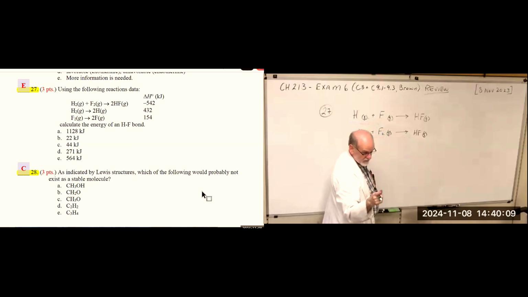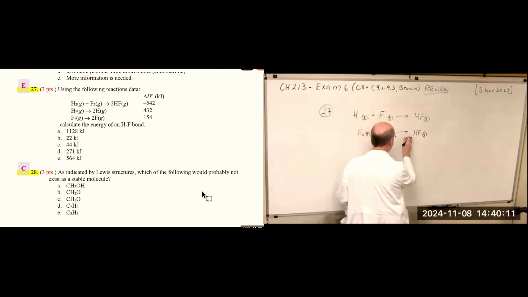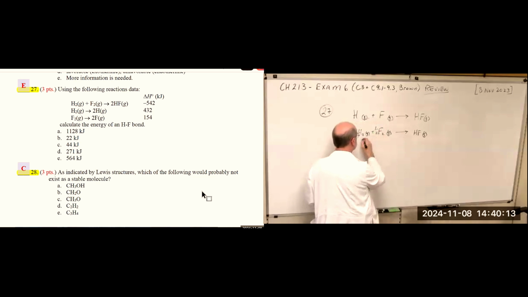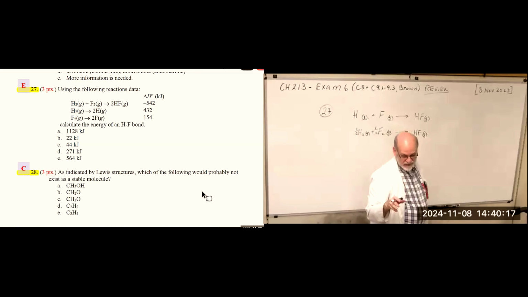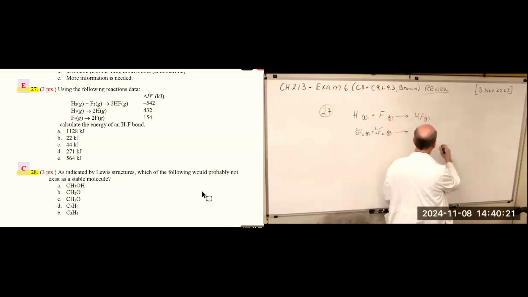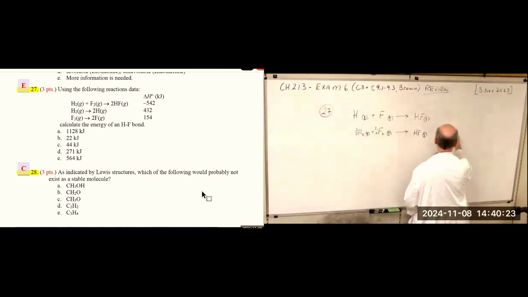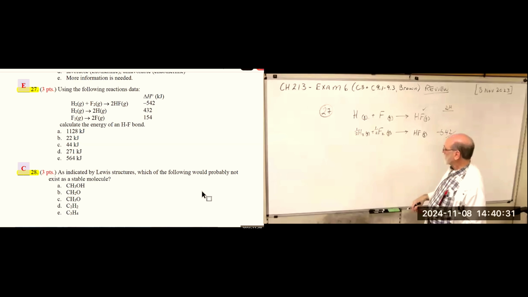That equation has 2 of them. We only need one, so that means we need a half of this one and a half of that one. And the value for delta H should be half of minus 542, divided by 2, delta H. Okay, so that gets this part.